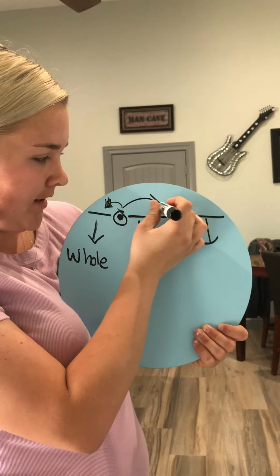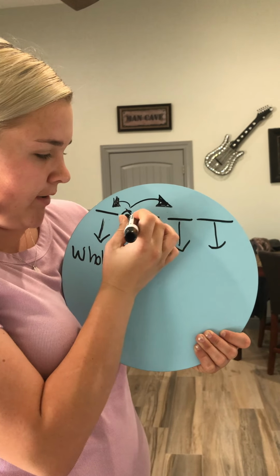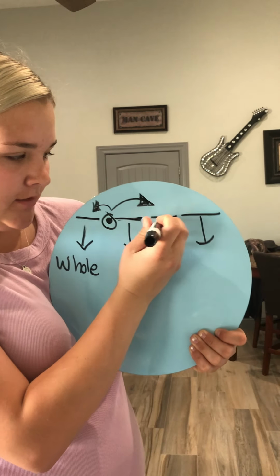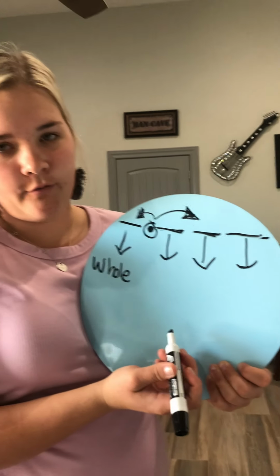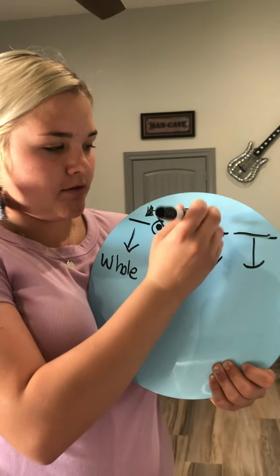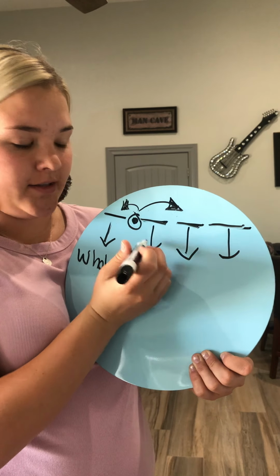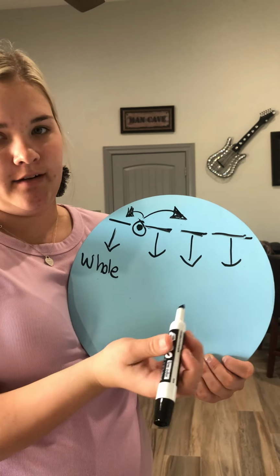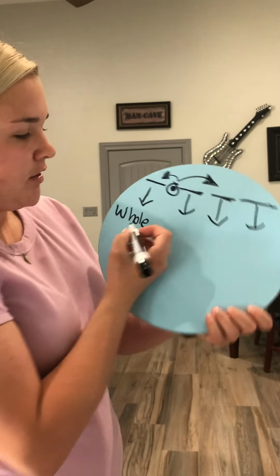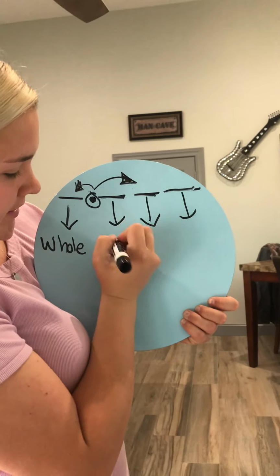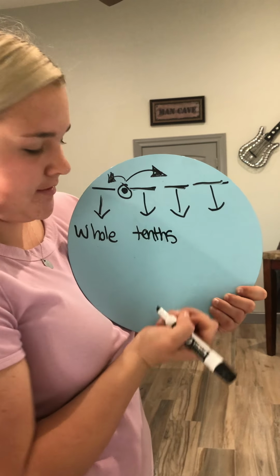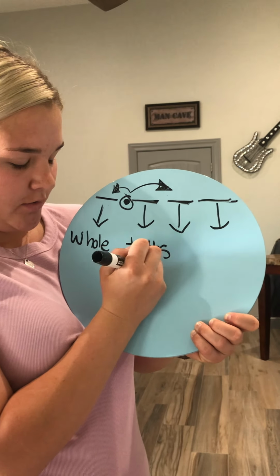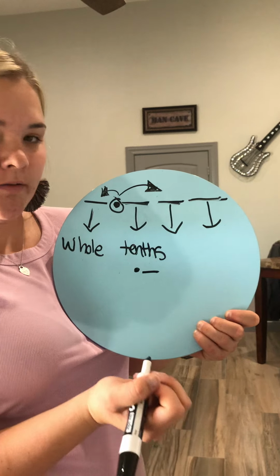On the right side of the decimal, this place value and this place value tell what the fraction is. This is a decimal, but you say it in fraction form. So here's your whole number. This first place right here is your tenths place, so a dot and one number.